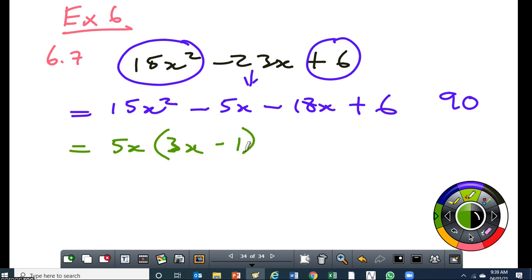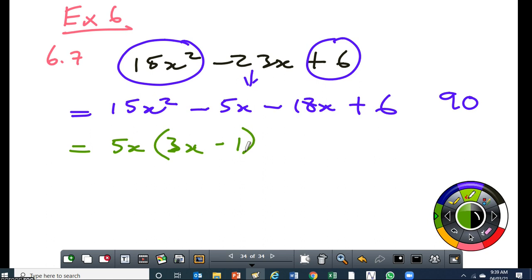Remember, when you're factorizing by a common factor, once you create a binomial factor like 3x minus 1, it means when I factorize here, I also need to create 3x minus 1. So, what will be the highest common factor of minus 18x and positive 6? It will be negative 6.